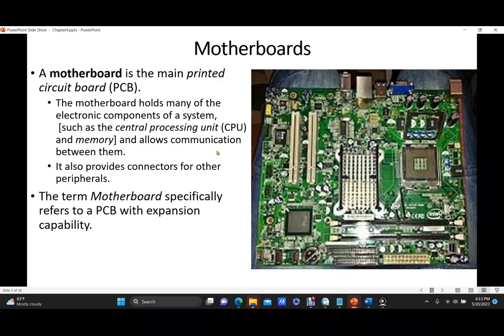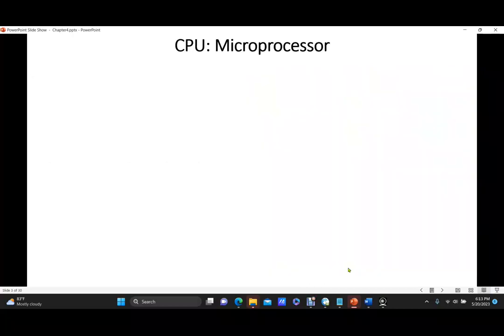The term motherboard specifically refers to a PCB with expansion capabilities and will typically have a number of components attached to it.